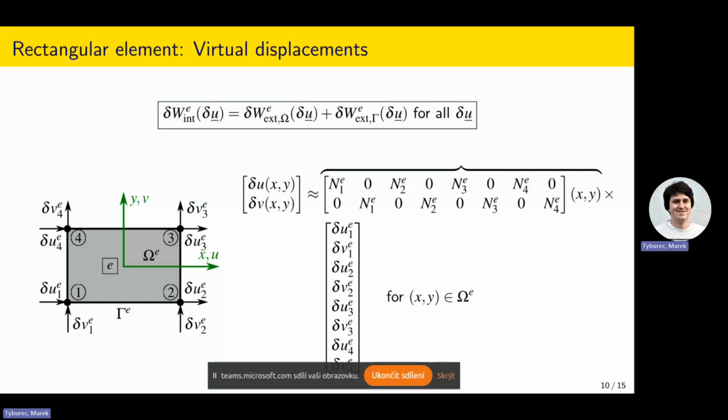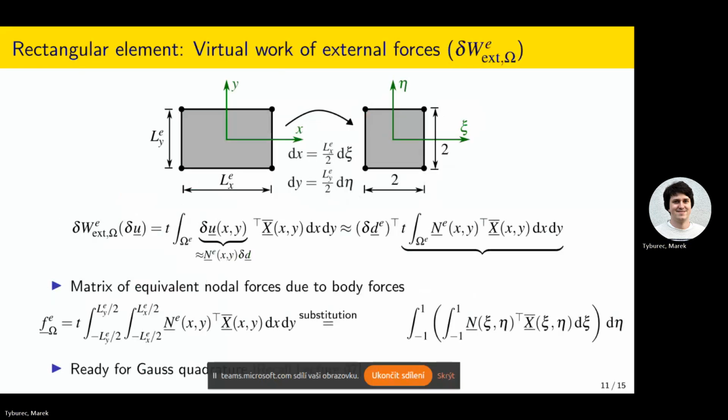The displacement here would be N1 delta u1 plus N2 delta u2 plus N3 delta u3 plus N4 delta u4. So essentially here we will have the sum of the virtual displacement in one direction, and the other one is the sum of displacement in the other direction. So those are our components. Okay, so that was the basics.